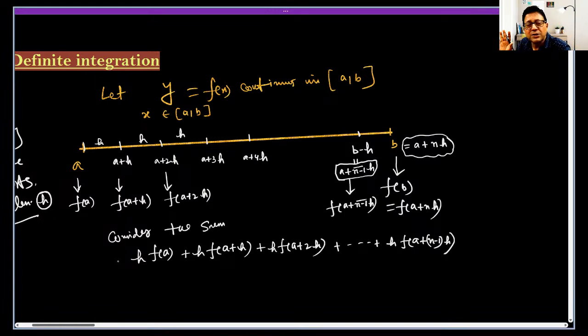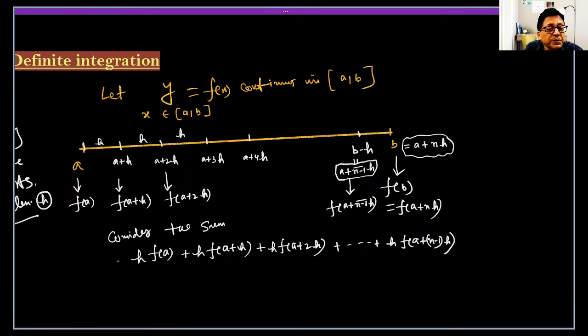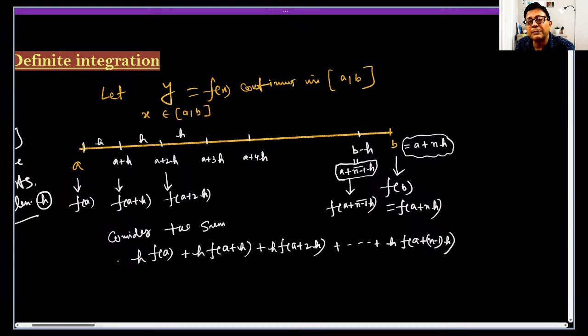So you must keep this in your mind, that multiplication is done by h with the functional value from the starting point to this point. This sum we take as S1.